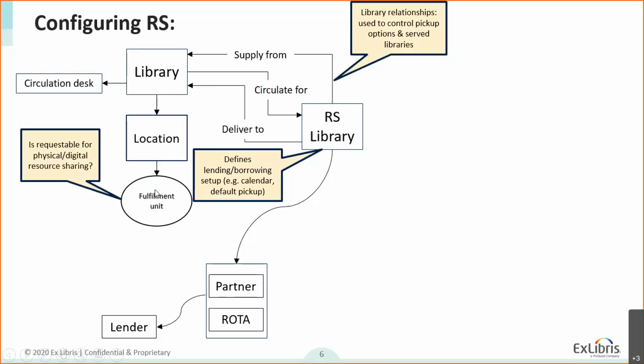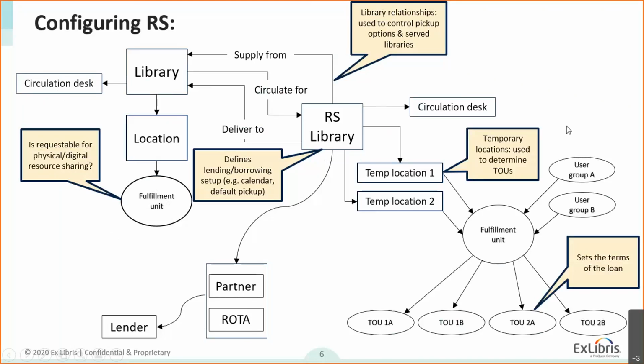Their locations and fulfillment units will say whether or not these items are requestable for physical or digital resource sharing. And like I said before, if something is not requestable, it will not go out. And if my partner is an Alma partner and they're checking with me, not only if I have an item, but also if it's requestable, this is where that is set up.